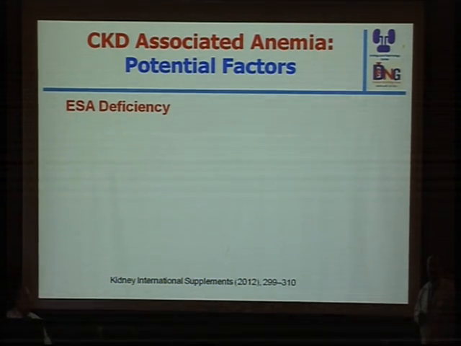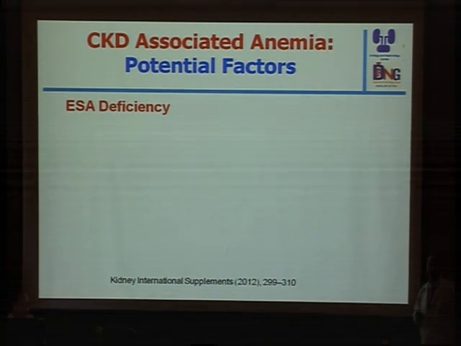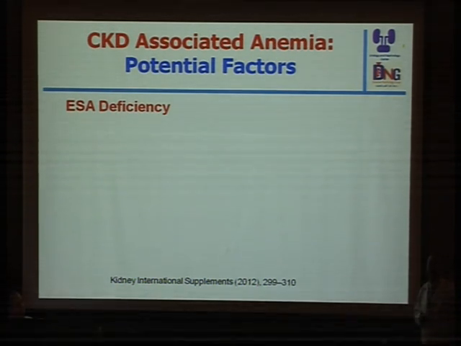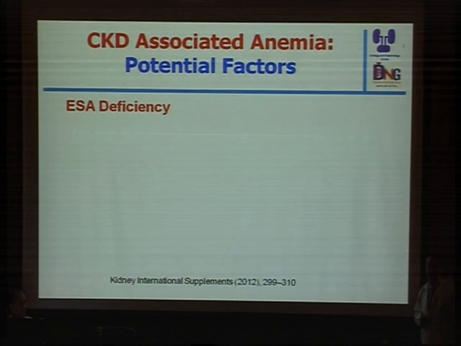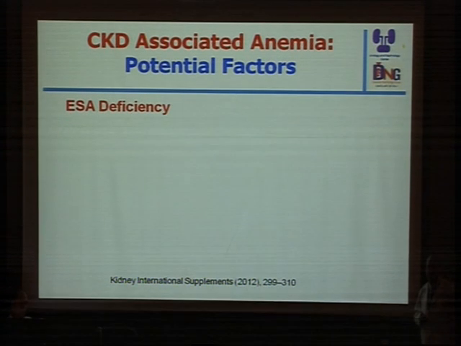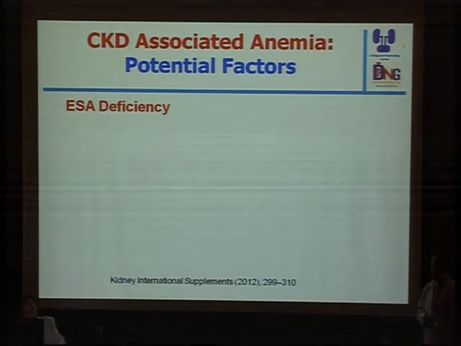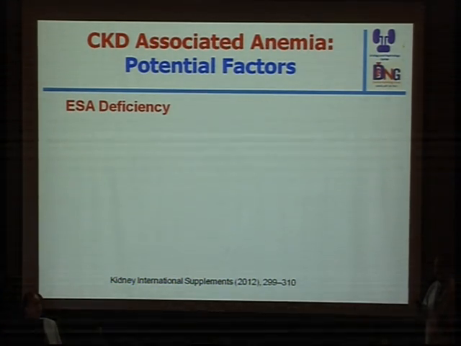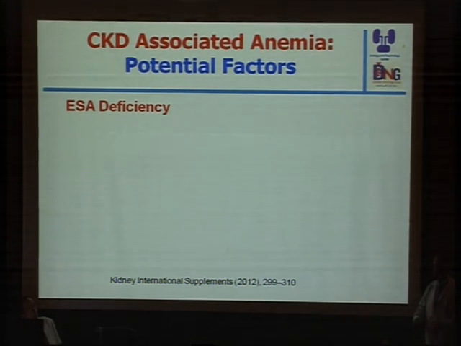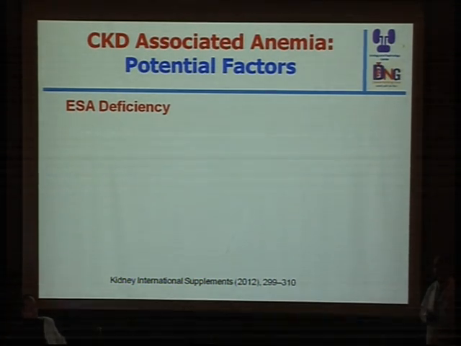At what level of estimated GFR does erythropoietin production decrease? 90 mL per minute, 60 mL per minute, or 30 mL per minute? 90, 60, or 30? If estimated GFR decreases below 60 mL per minute, the secretion of erythropoietin starts to decrease. So erythropoietin secretion decreases from the early phases of chronic kidney disease.